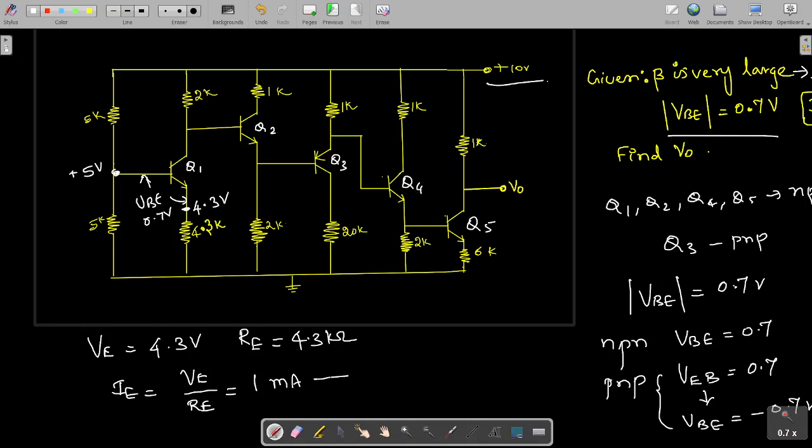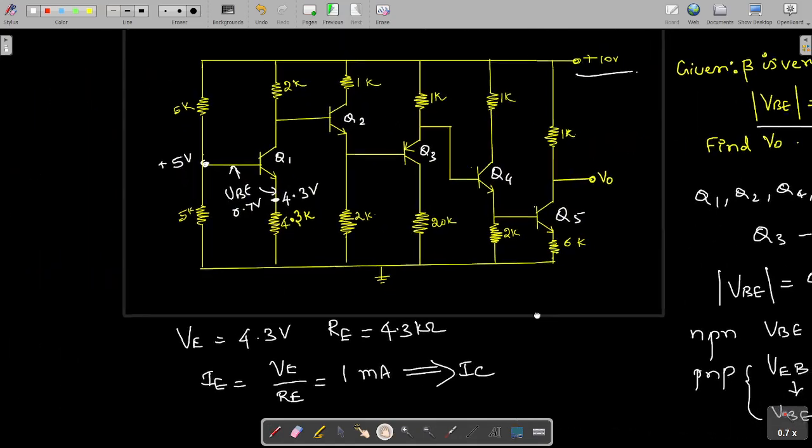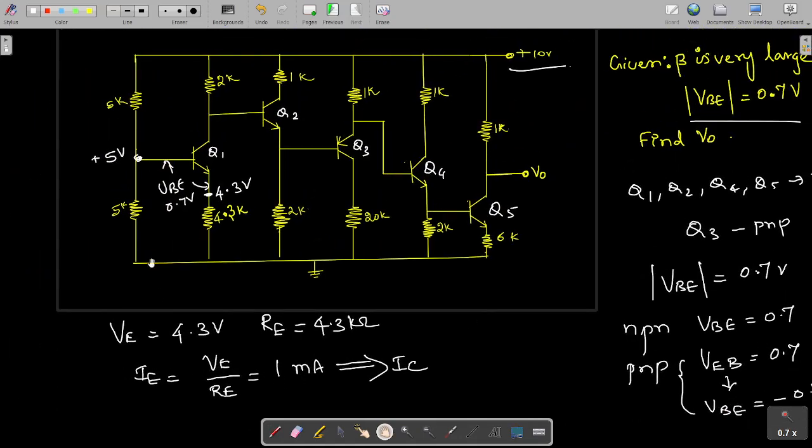Since we know that IE and IC are equal, according to the condition that beta is very large, this IE is equal to IC. That's why the IC current flowing in this direction is 1 milliamp.